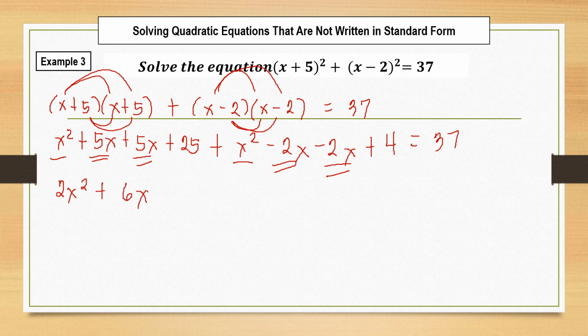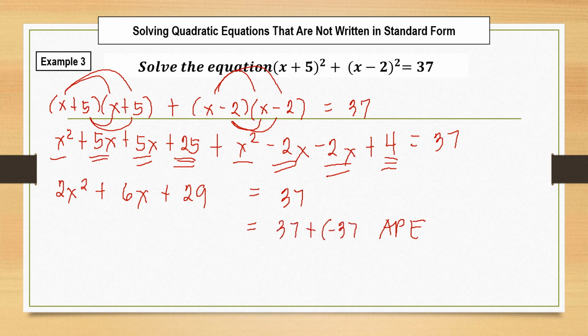And then combine the constant terms, 25 and 4, that will give us positive 29 is equal to 37. So in order to make the right side of the equation 0, we will apply addition property of equality. So we will add negative 37 on the right side and on the left side of the equation.